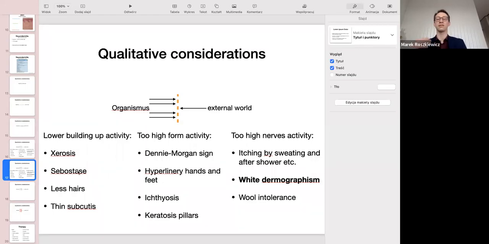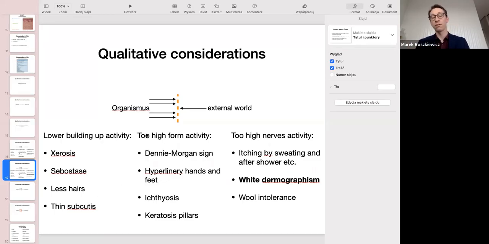We have sebostasis, so the sebaceous glands don't work properly, which is the opposite of acne, where they work too intensively. And we have, which is very important, a bit thinner subcutis, so the hypodermis, the subcutaneous tissue, is a bit thinner.